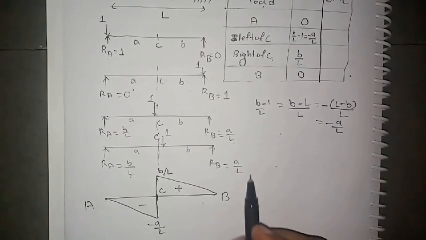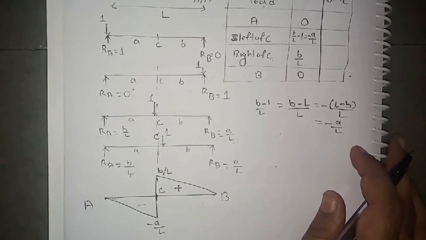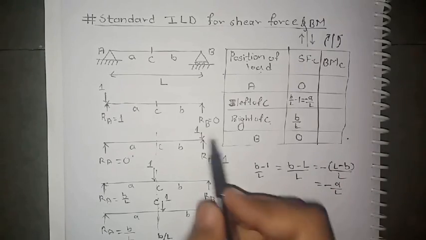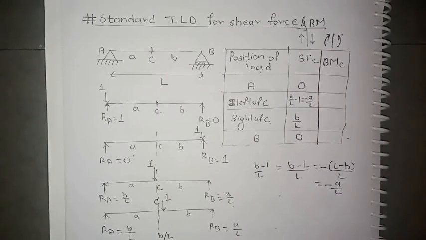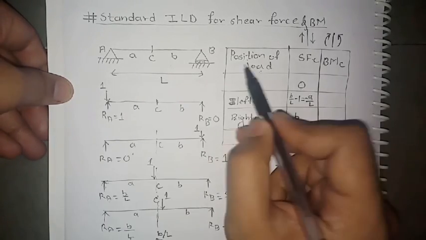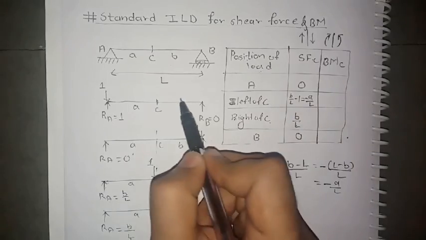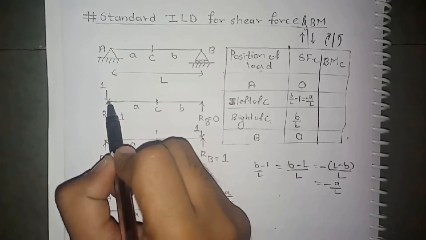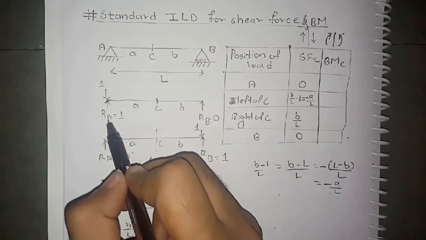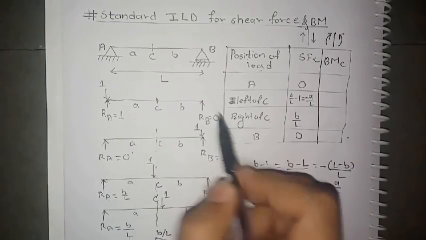Now we will see the ILD for bending moment at C. For the bending moment, again the first case, the position of load is at A. We apply a 1 unit force at support A. The reactions will be Ra equal to 1, Rb equal to 0.